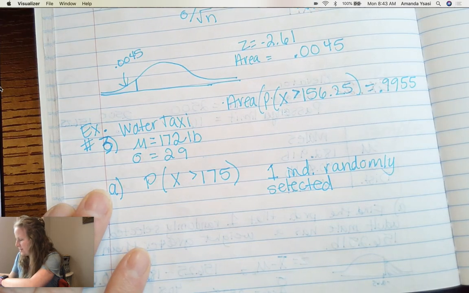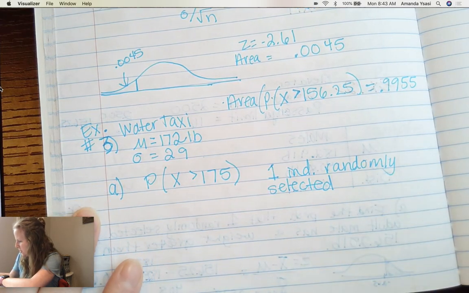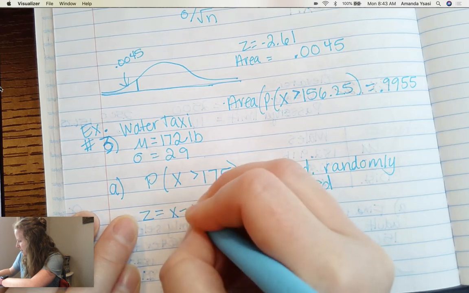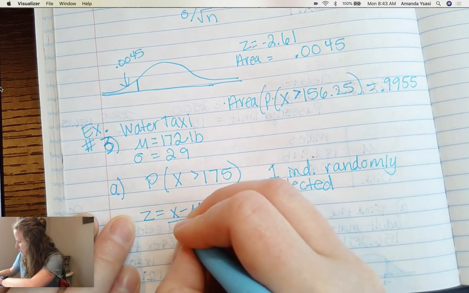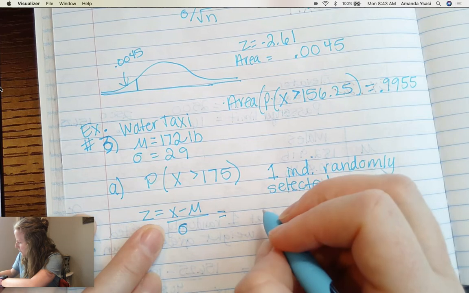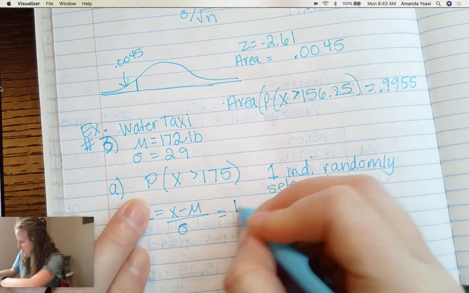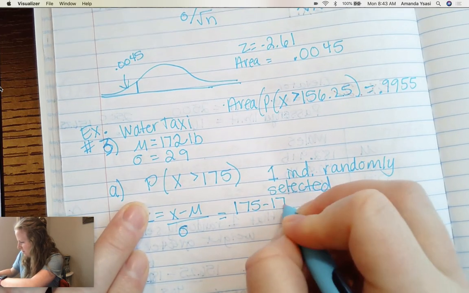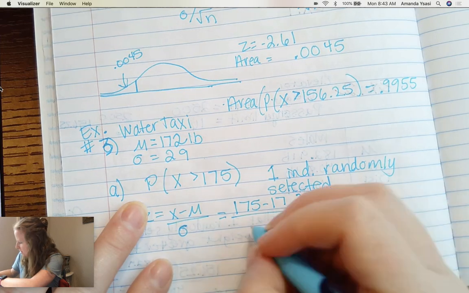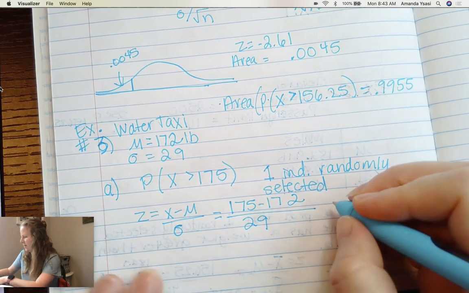And since this is a normal distribution, we can use z equals x minus mu over sigma. So that means we're going to do x, the 175, minus 172 over the 29. That's going to get my z-score.